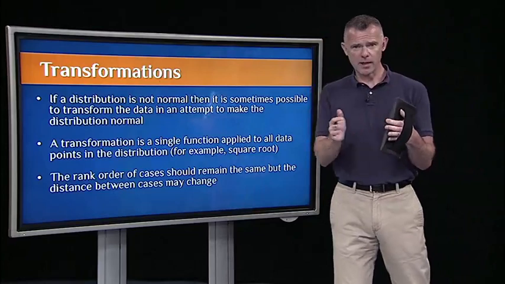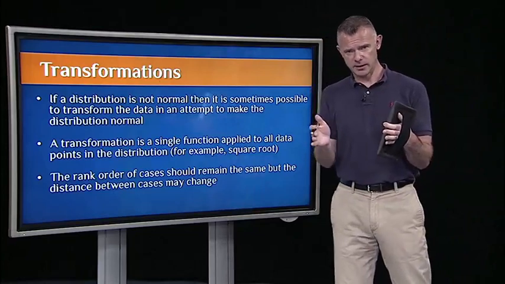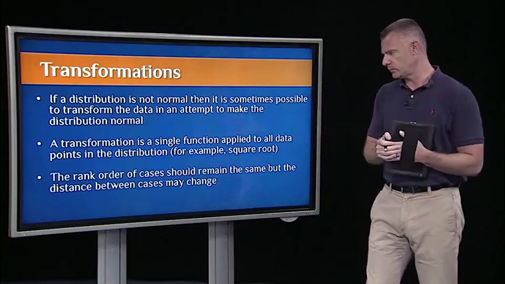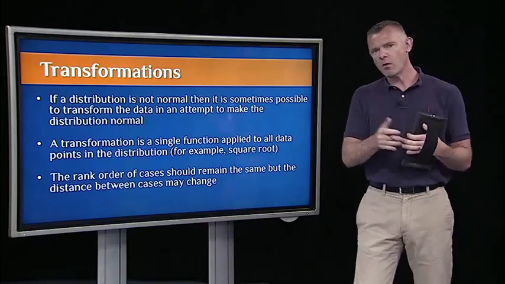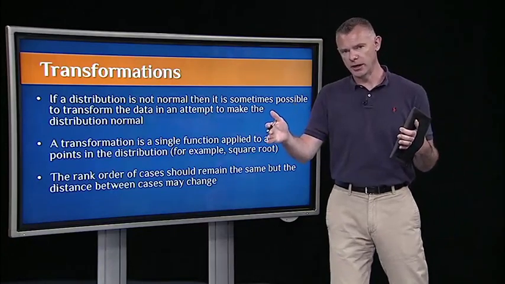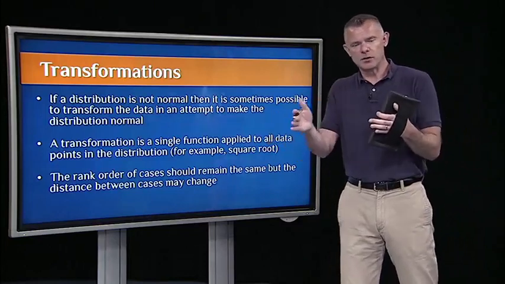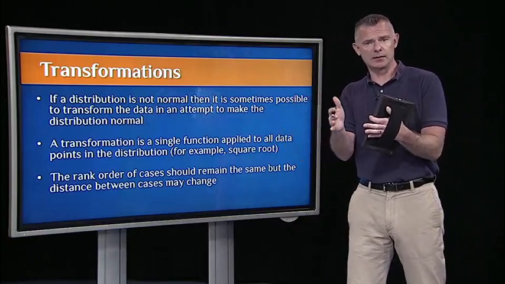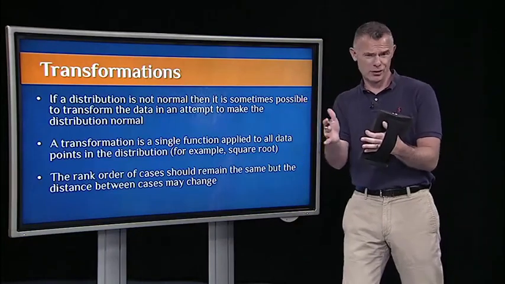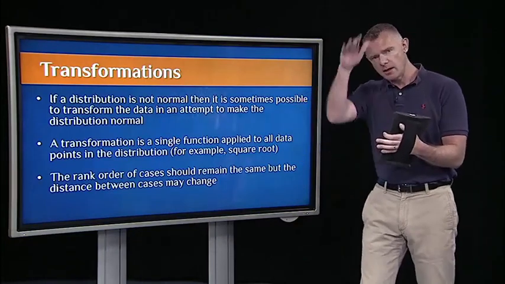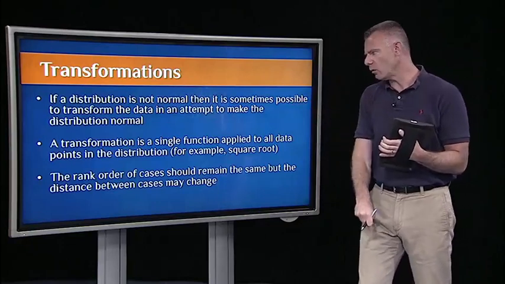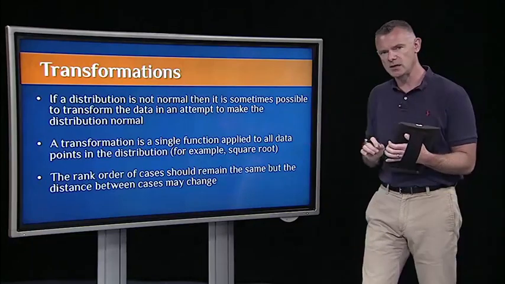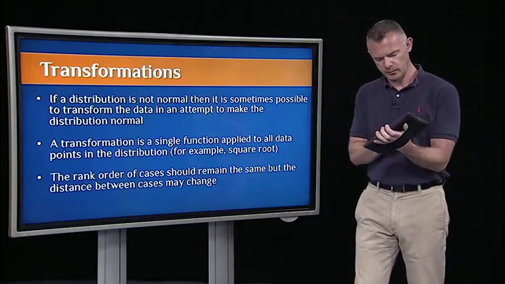And what's important about these transformations is they do change the values in our variables, but the rank order of the cases won't change. The distance between the cases may change, reducing, say, the variance and standard deviation, hopefully reducing the skew. But what's really important is that the rank order of cases doesn't change. That's what's key to doing a data transformation.